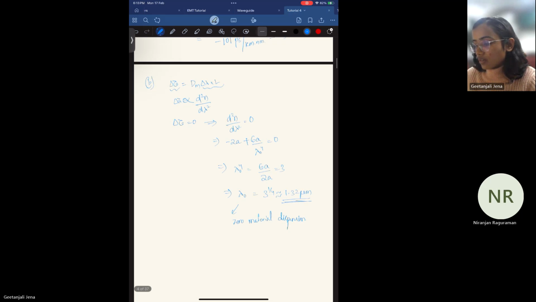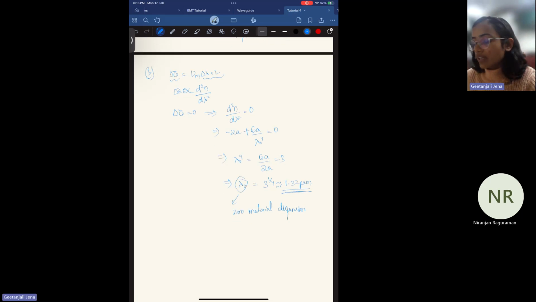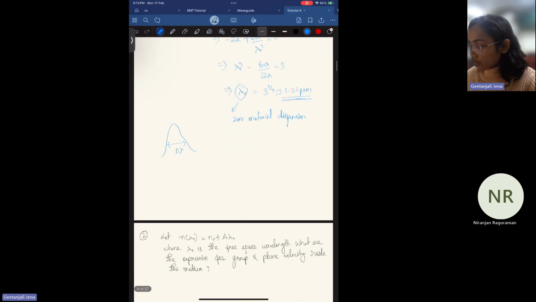But around this wavelength, all the wavelengths inside this source spectrum, which is delta lambda, will see zero material dispersion. They will travel at the same speed and will reach the endpoint at the same time. Okay, so this is the physical significance. So let us move to our next problem.